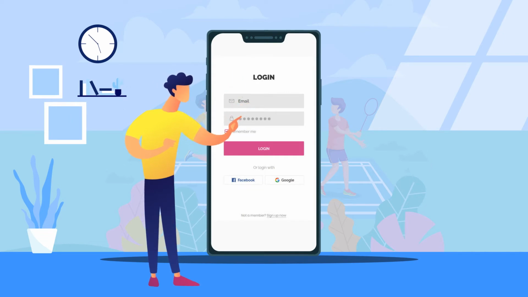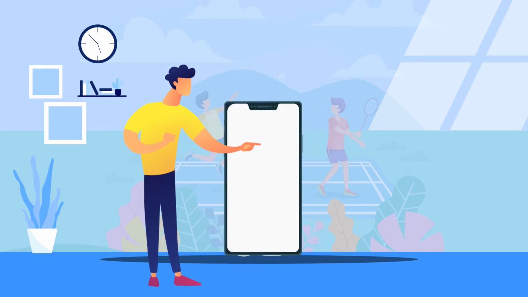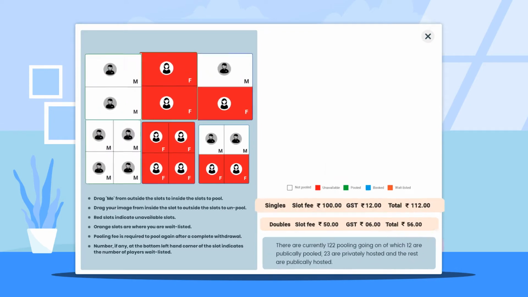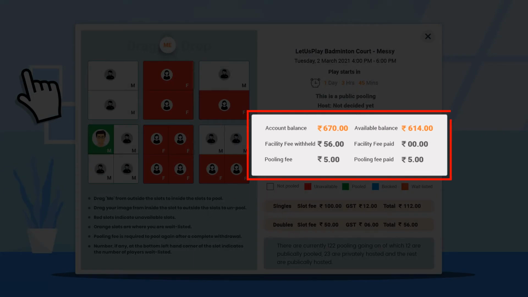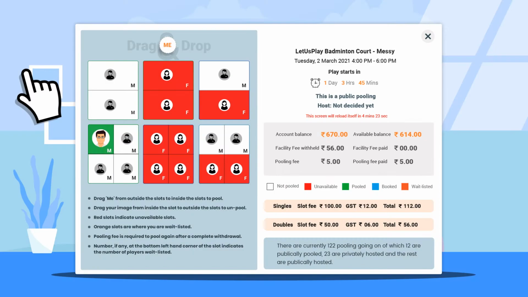Let us assume Mr. John, a badminton player, logs into Lettuce Book to pool in a facility. What you see is a badminton court with its pooling settings done for John. He wants to play non-mixed doubles, so he is going to pool in the fourth box. The pooling fee is deducted from his wallet and his share of the facility fee is withheld.